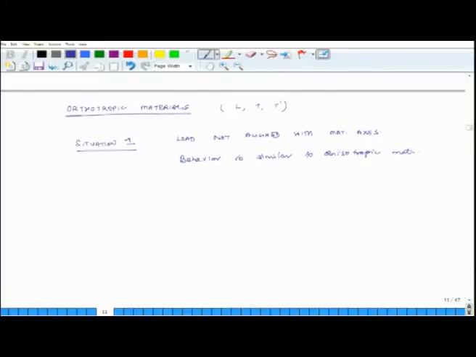So, what do I mean when the load is not aligned with the material axis? Let us say this is the material and I am pulling it in the x direction, sigma x, and the material axis is not aligned. So, maybe this is the L direction.